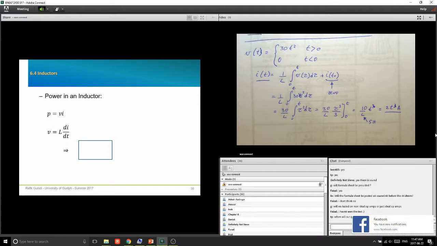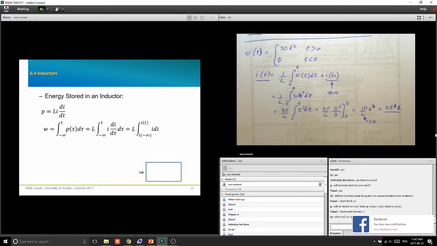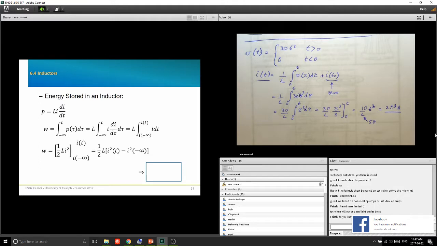Not harder than this. That's probably the hardest you're going to find. I at minus infinity to I of t. We're going to be doing the integral here.